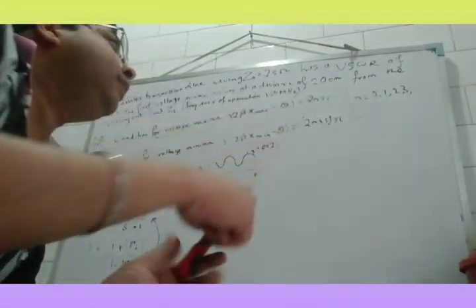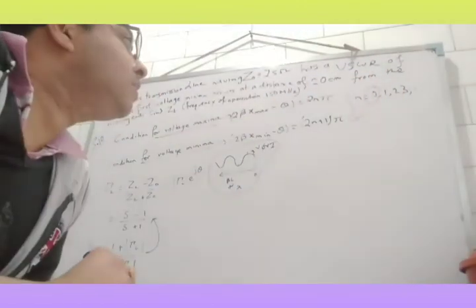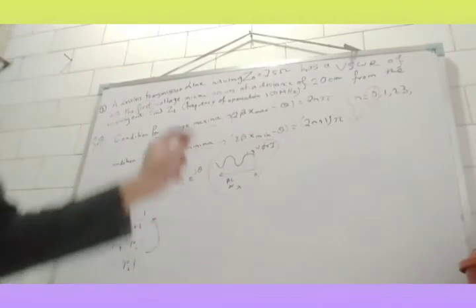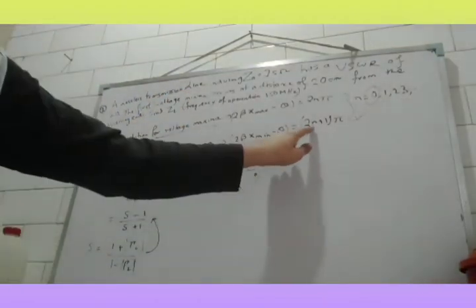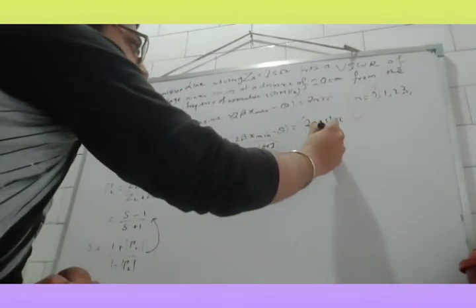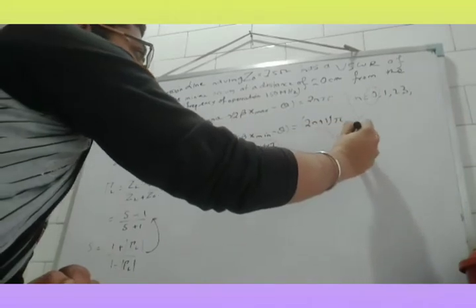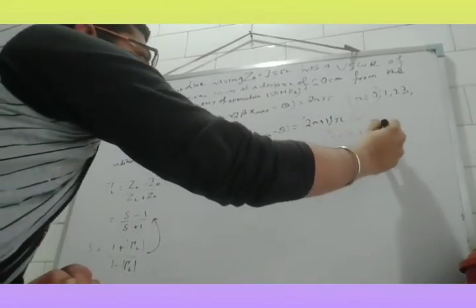What is the first value of n? That is 0. So for the first voltage minima, n is 0, and that means this will be (2 into 0 plus 1) pi, that is basically pi.